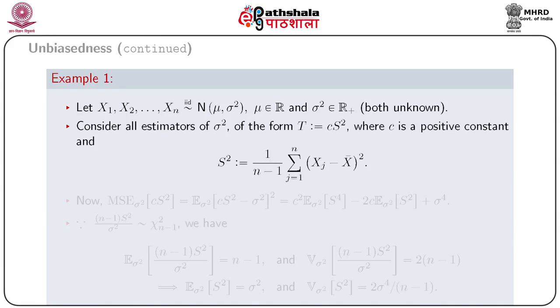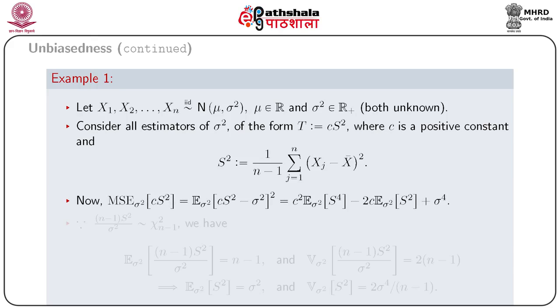Consider all estimators of sigma square of the form T equals c times S square, where c greater than 0 and S square equals 1 by n minus 1 times the summation over i from 1 to n of (Xi minus X bar) whole square, where X bar equals 1 by n times the summation over i from 1 to n of Xi.